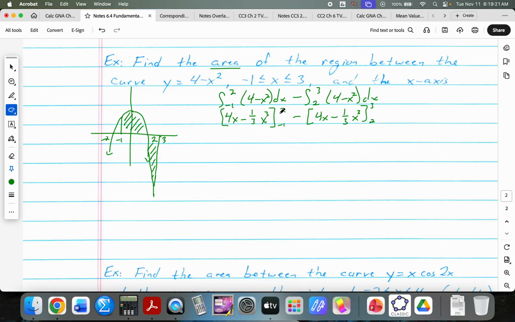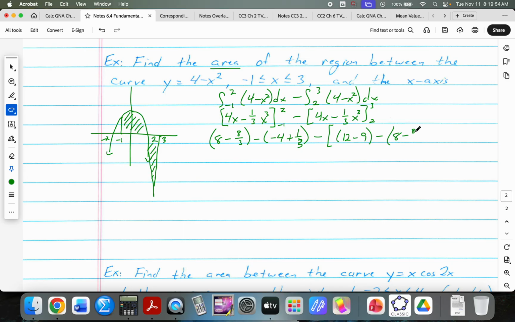So at 2, this will be 8 minus 8/3, minus at negative 1, that'll be negative 4 plus 1/3, minus at 3, this will be 12 minus 9, minus at 2, well, we already figured that.